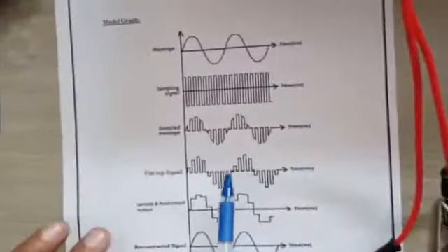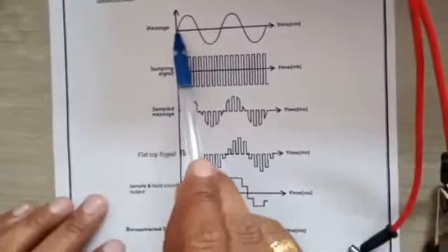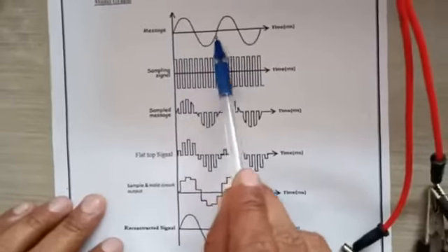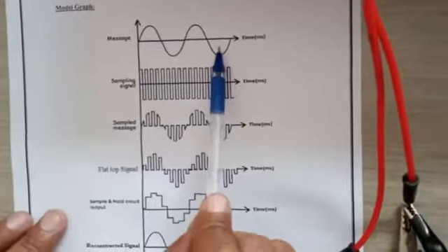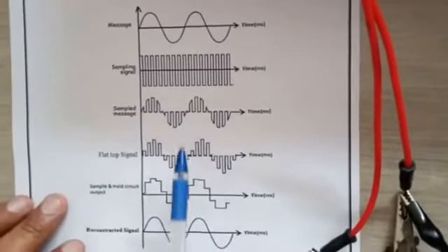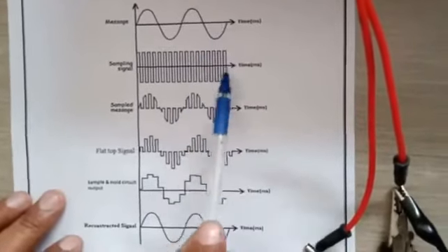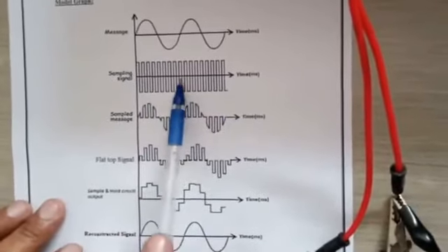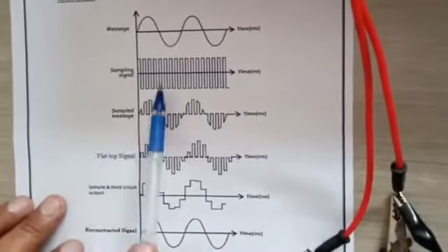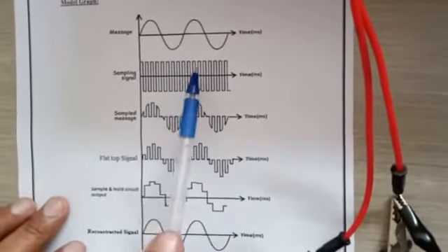So this is the model graph. This is the original input signal, the analog signal which is going to be sampled by the sampler. This analog signal will be converted into a discretized signal, and for that we make use of the sampling signal, or sampling pulse. This is a train of rectangular pulses, which is used for actuating the sampler switch.